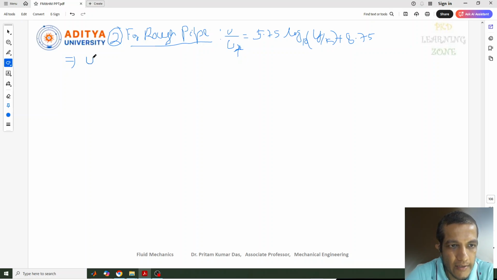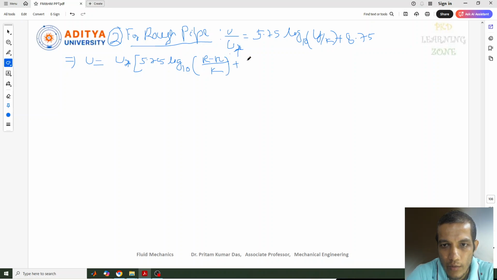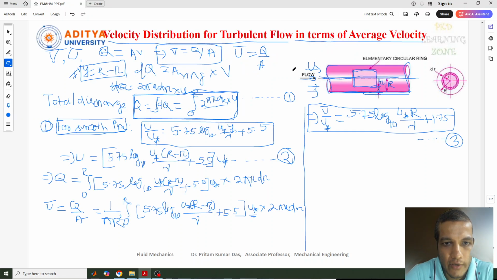So directly write u equal to u star into 5.75 log 10 of (R minus r) divided by k, plus 8.5.